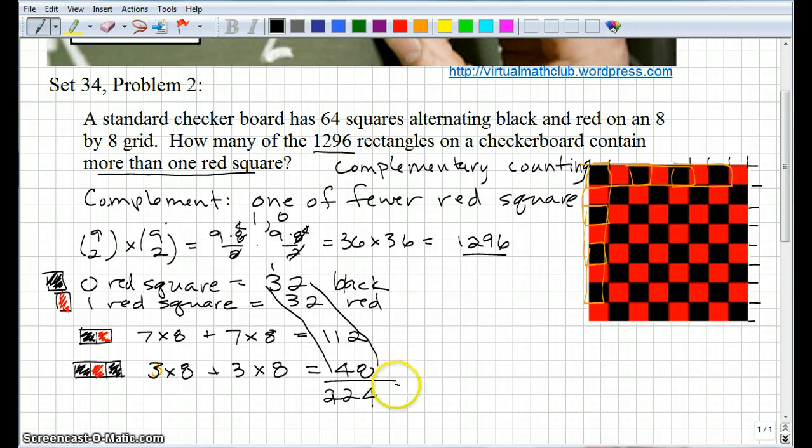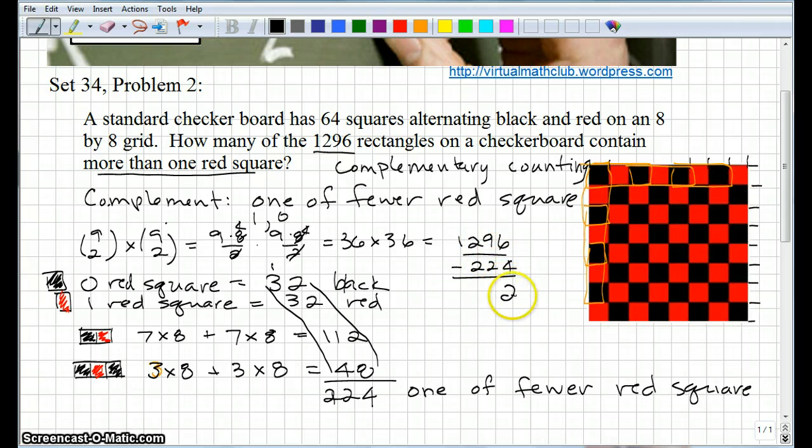of these rectangles. Now these are the ones with 1 or fewer red squares, right? Which is the complement of what we're looking for. So if we just take that and subtract it from this 1296, so let's take 1296 minus 224, we'll get 1072.